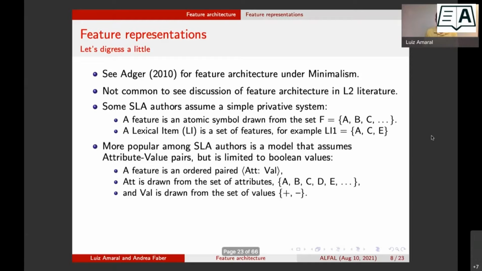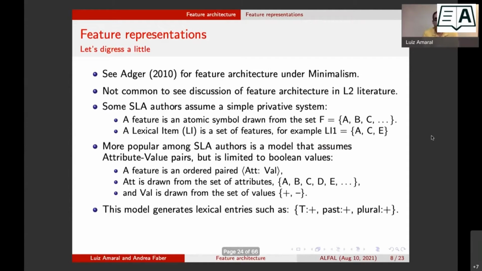Another version that's quite popular in the SLA literature is authors that use a model that assumes attribute value pairs. But again, in these cases, most of the time they're not fully explicit, but what we see is that they use a simplified version of attribute value pairs, which is limited to Boolean values. So a feature is an ordered pair of attribute and value, where the attribute is drawn from a set of attributes, and the value is drawn from a set of values.